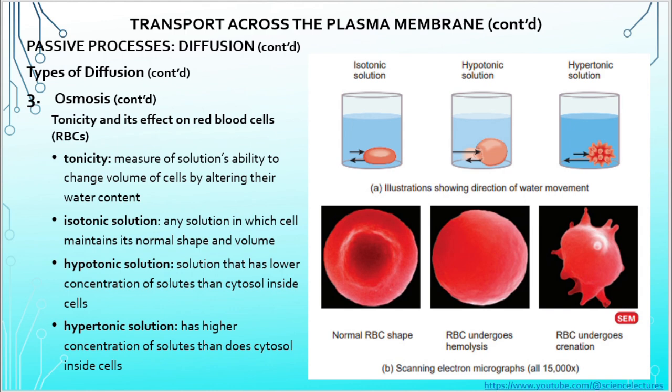For example, a 0.9% sodium chloride solution, which is 0.9 grams of sodium chloride in 100 milliliters of solution. Such a solution, also called normal or physiological saline solution, is isotonic for red cells.